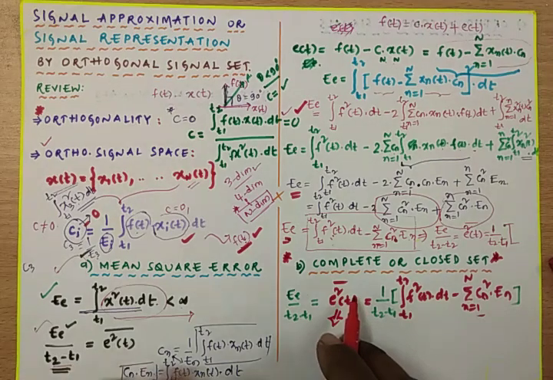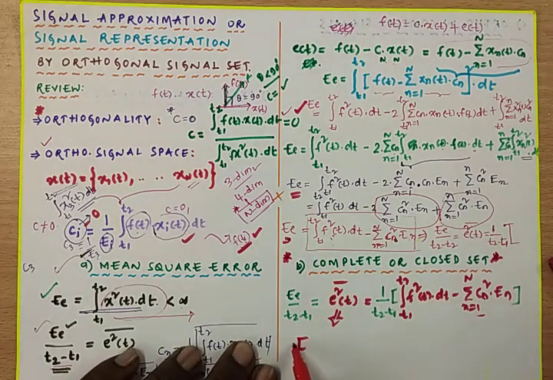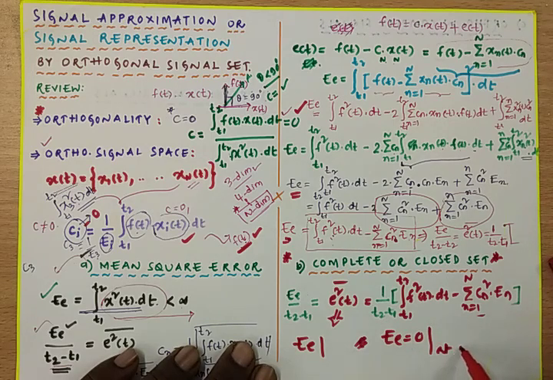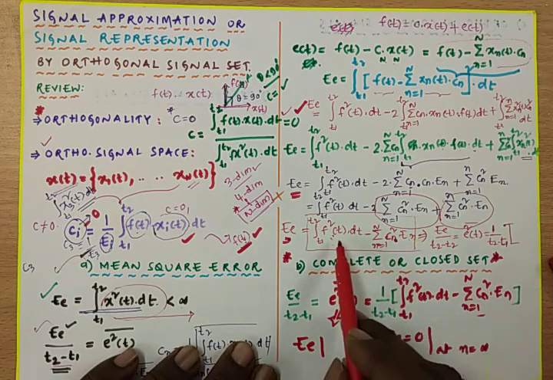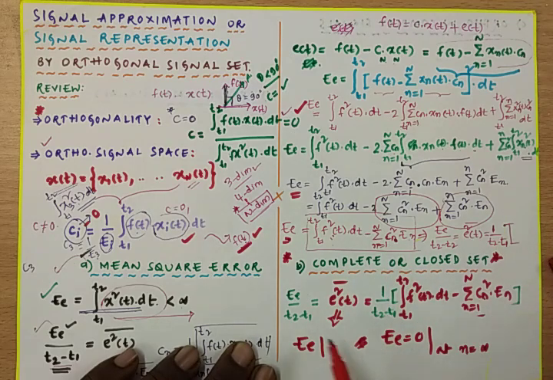At what point will this EE be 0? EE will be 0 at n equal to infinity. In that case we can get the integral from t1 to t2 of f square of t dt equal to the sum from n equals 1 to infinity of Cn square into En.